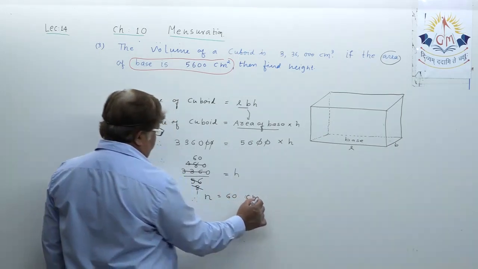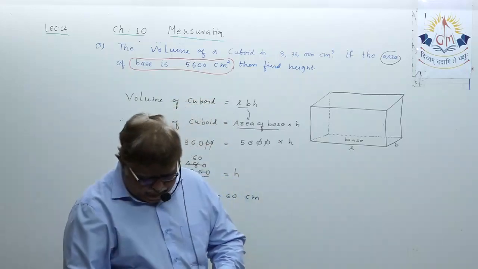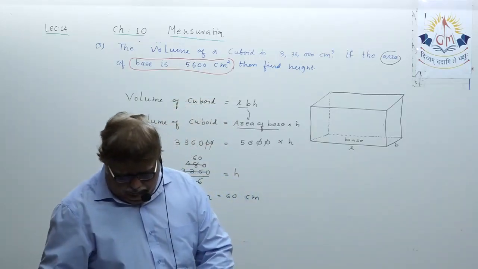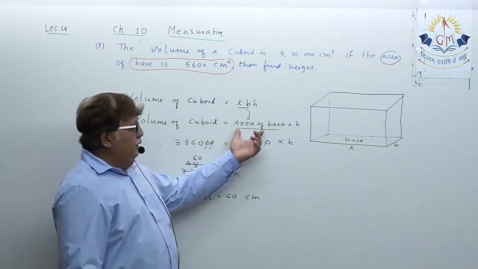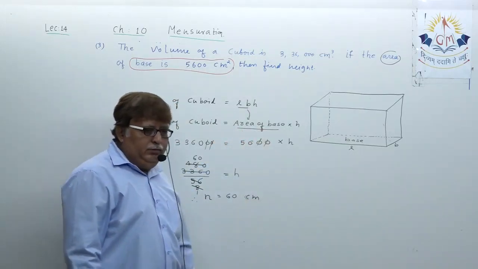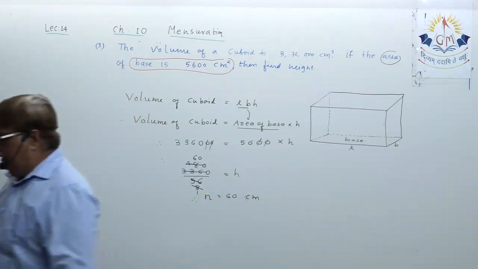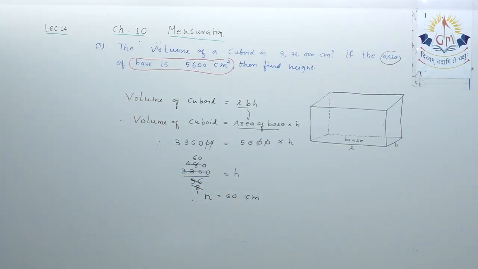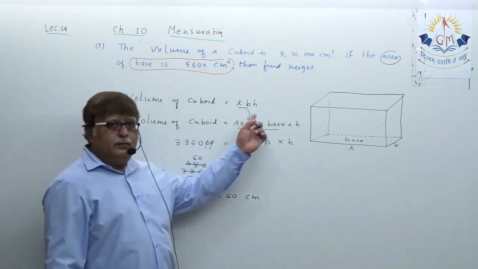Right, dear student, try to understand what was given in the data, and we have to design one particular formula. Understood? Actually you all know the volume of cuboid. What was the formula?